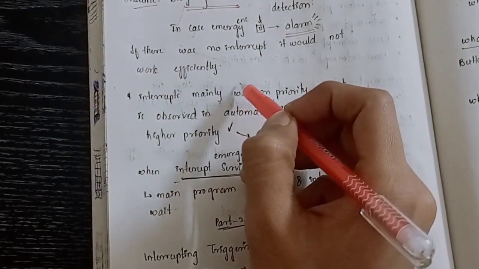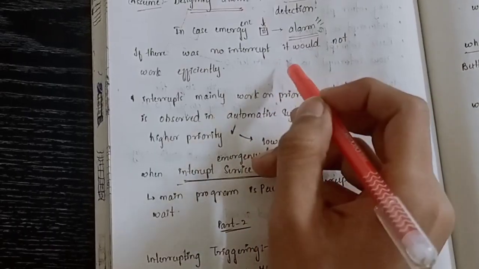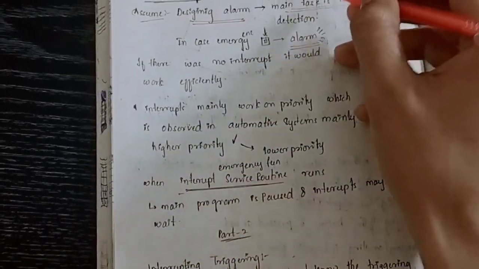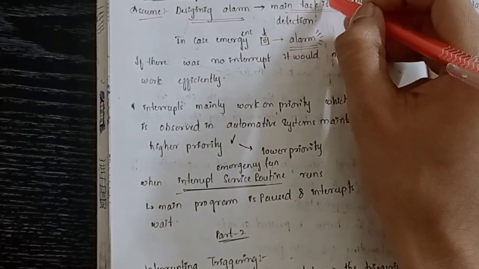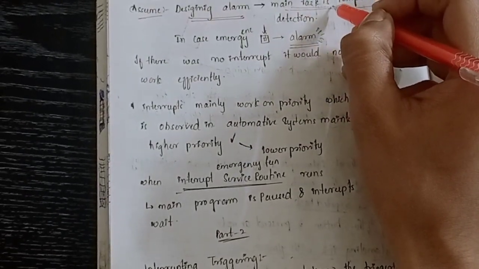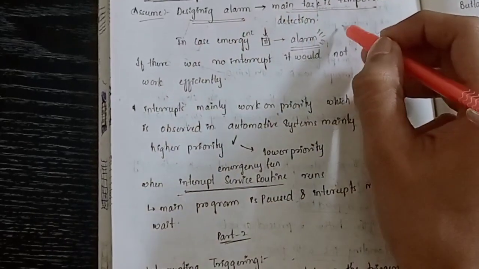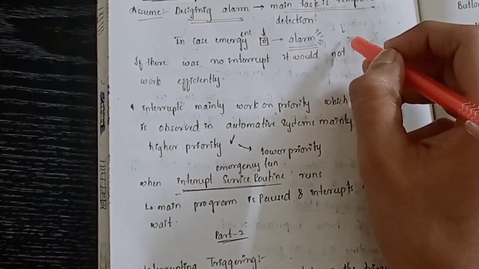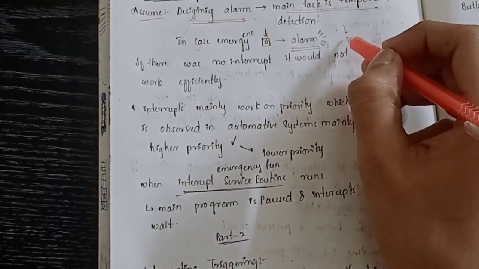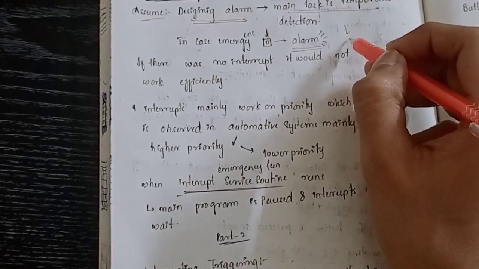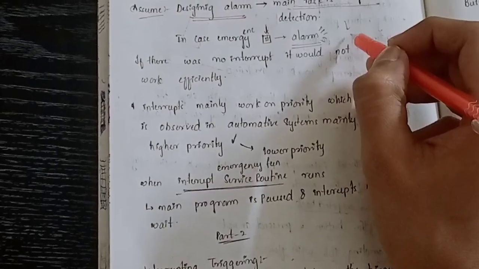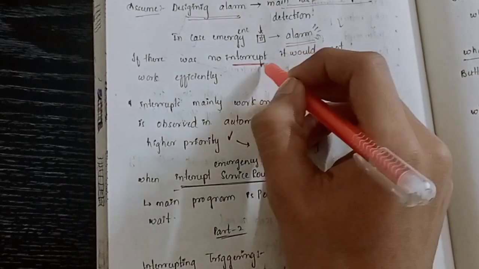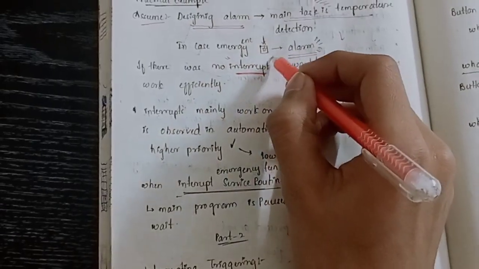If there was no interrupt, it would work inefficiently, detecting the temperature step by step. When a button is pressed, the response would take very long and the emergency case would fail due to the inefficiency. This is where the interrupt plays a major role.